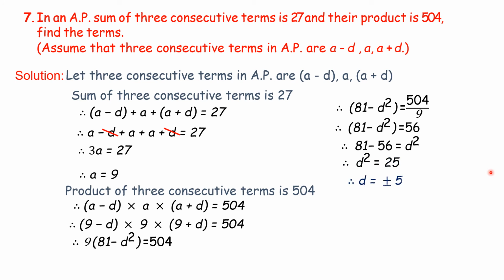Therefore d is equal to plus or minus square root of 25, that is plus 5 or minus 5. Now we calculate a minus d and a plus d for both the values. Here we use 5. Therefore a minus d is equal to 4, and a plus d, that is 9 plus 5, is equal to 14.